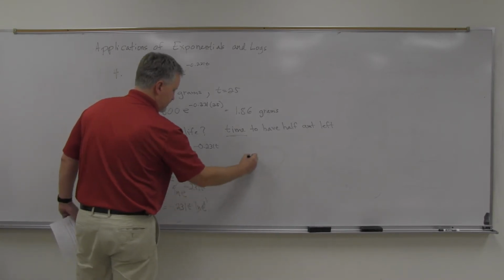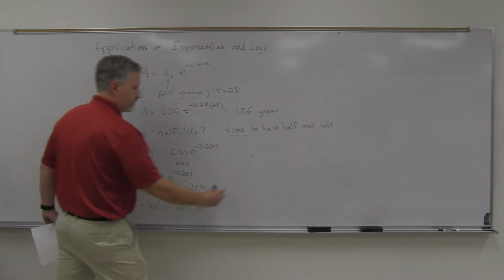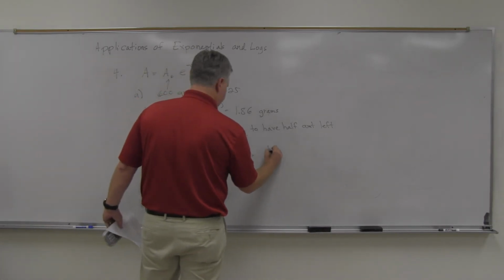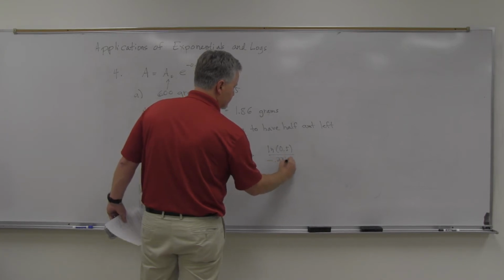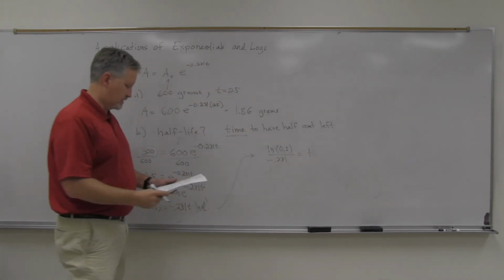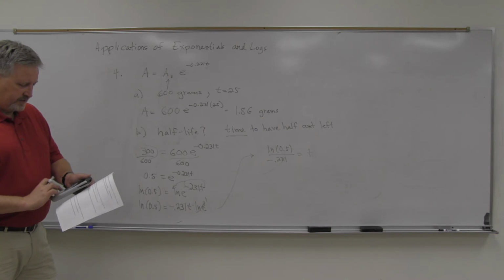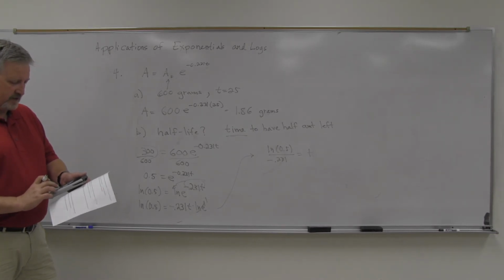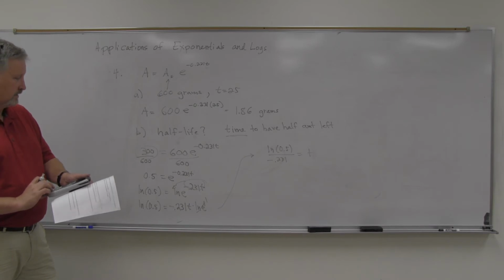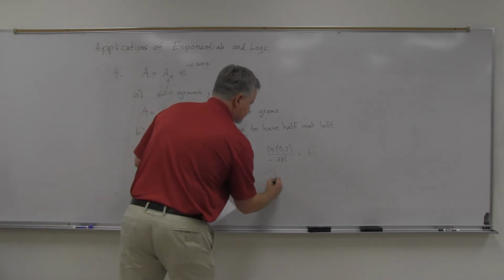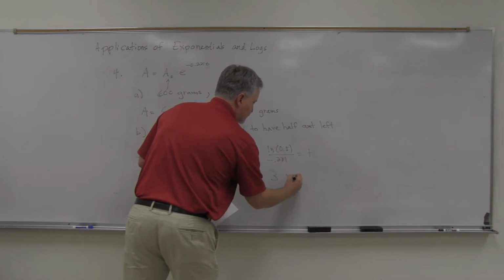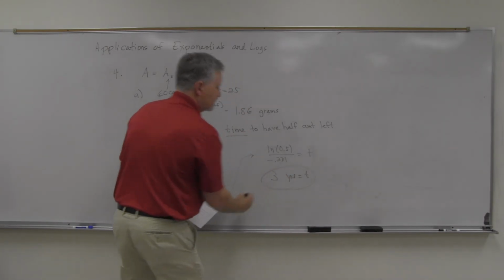So all I have to do here is divide by negative 0.231. Several examples of this. All right, so ln of 0.5 divided by negative 0.231 is 3 years. Good?